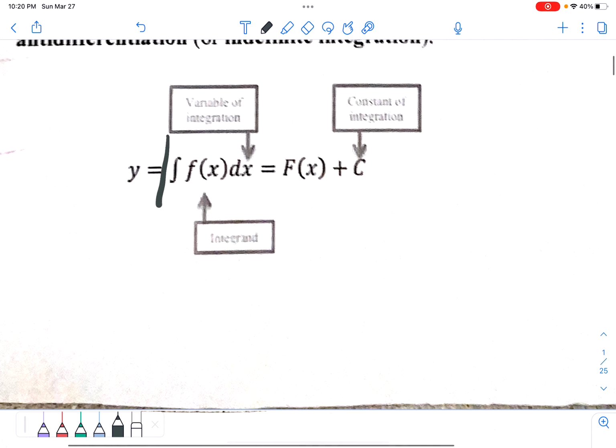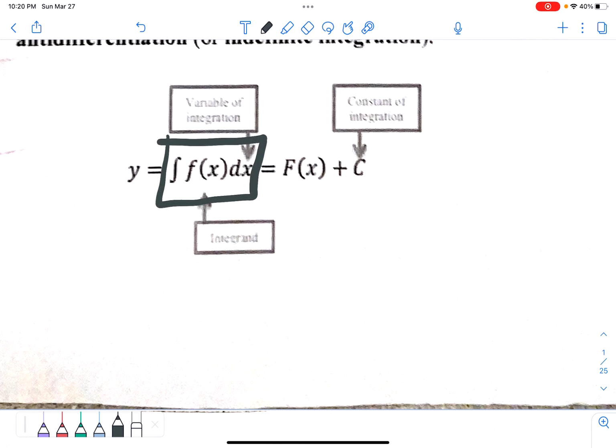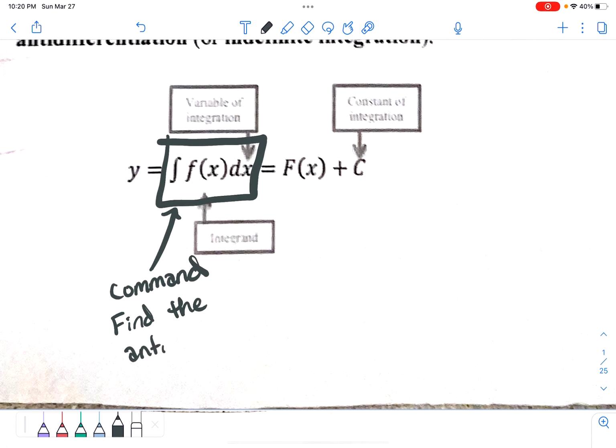This is the notation that they will use when they are commanding you. This is the command. That is to say, find the antiderivative. This is the notation that they will use when they are commanding you to find the antiderivative. They'll say, this is an integral symbol. It looks like an S, kind of like really long.